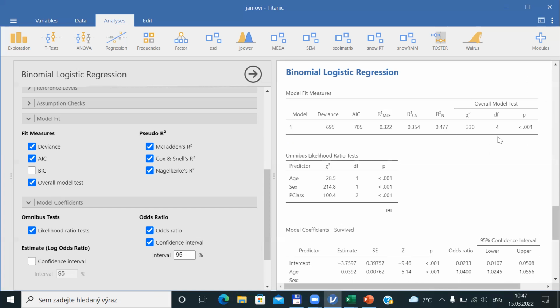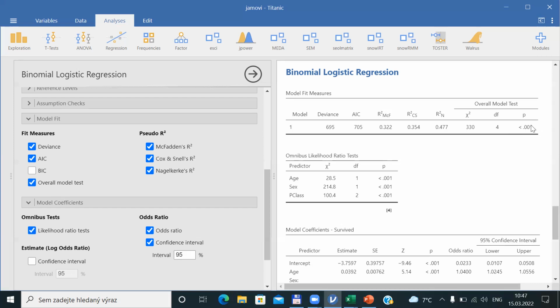So here we have the so-called overall likelihood ratio test. What does it mean? You are currently testing whether all these predictors together, if you take them into the model, are much better than if you would take only the intercept or constant in the model. So in other words, it is the same as the overall F-test in linear regression. It is testing whether at least some predictor is improving your model.